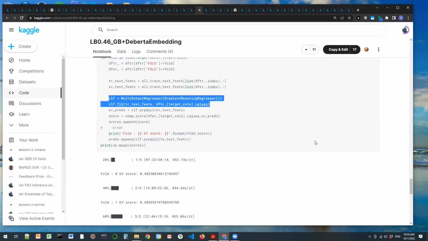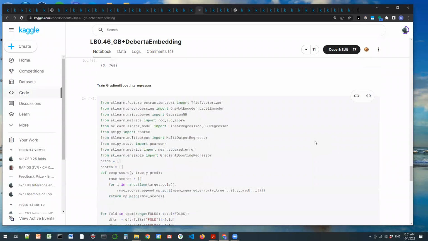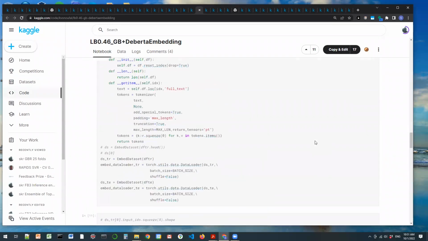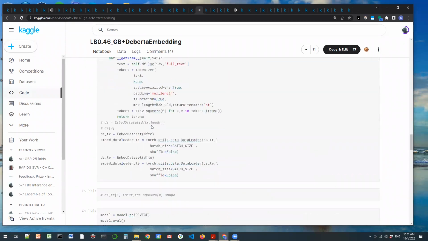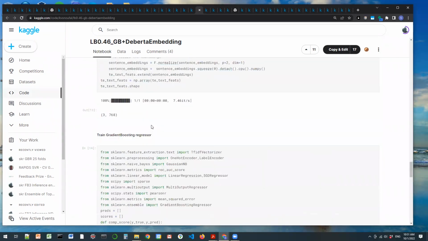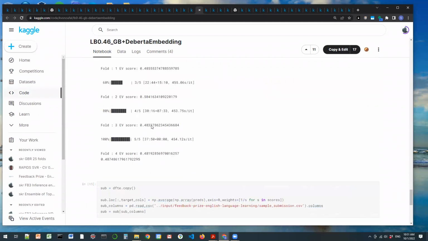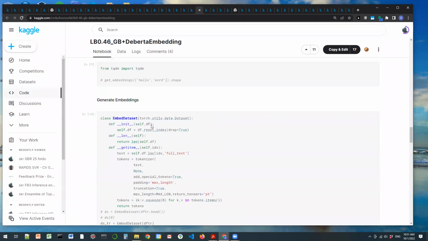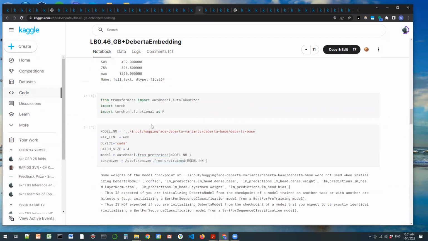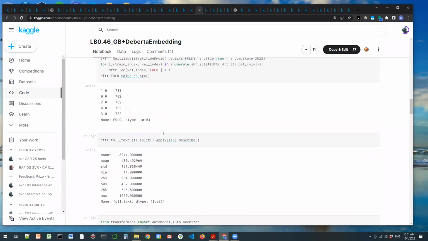What about the number of input features into the multi-output regressor? Is it the same here? Yes, it's the same, because he hasn't changed that. Because if you see, here is the generate embeddings, and let me see. Yeah, see this one.